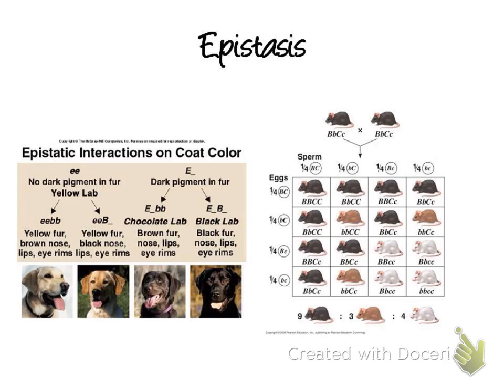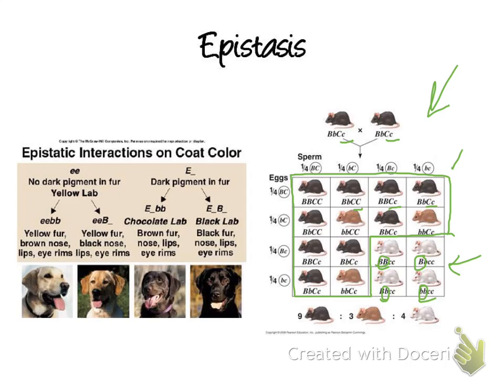So if we look at these mice, you have a gene for color, the C's here. So if you have at least one big C, you're going to be either brown or black. But if you are recessive for both, you get white mice, no matter what else is going on there.